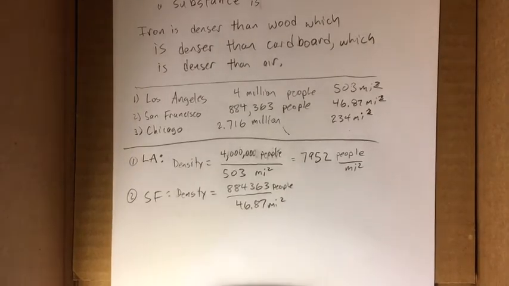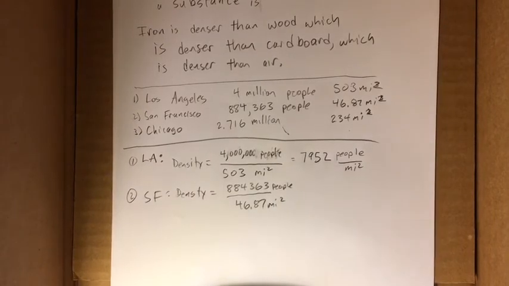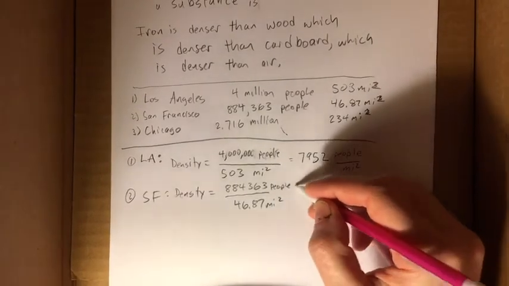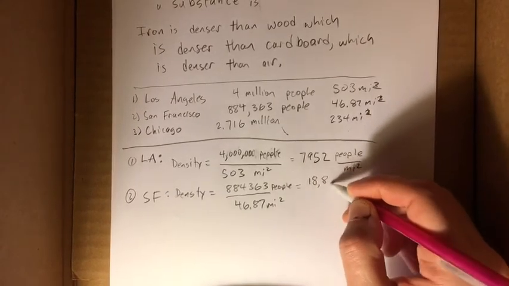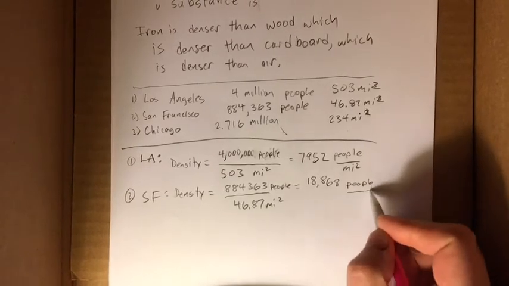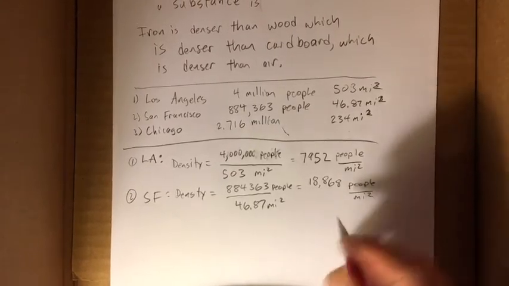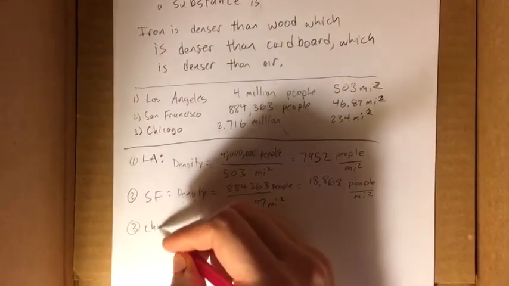I don't think you need to see me do that. You just divide the top by the bottom, and you actually get 18,868 people per square mile.